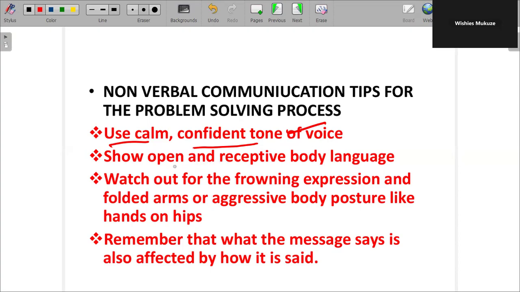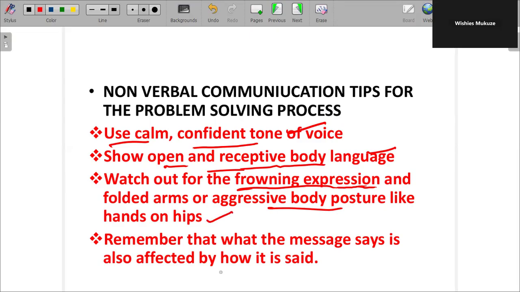Make sure that you show open and receptive body language. Avoid showing aggressive body language. Watch out for frowning expressions. For example, someone might give a suggestion and then you mistakenly frown, or fold your hands, or show aggressive body language like hands on hips.